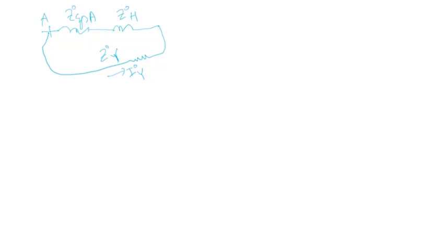Then the equivalent of these impedances is in series with zero sequence of X, and we had terminal X here. Then we have the zero sequence impedance of system B here, and we call this I0X.